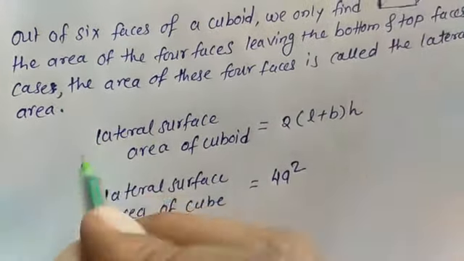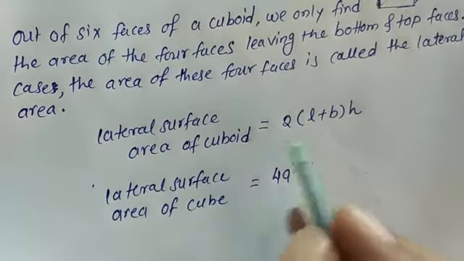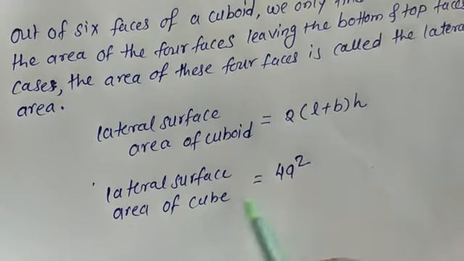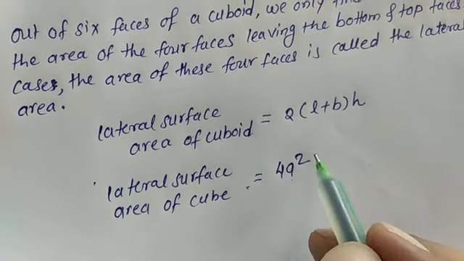So these are the formulas for lateral surface area: for a cuboid it is 2 into bracket length plus breadth into height, and for a cube it is 4a square.